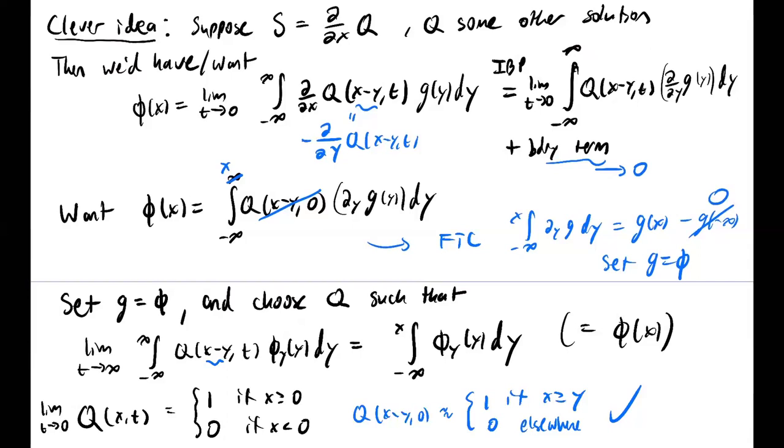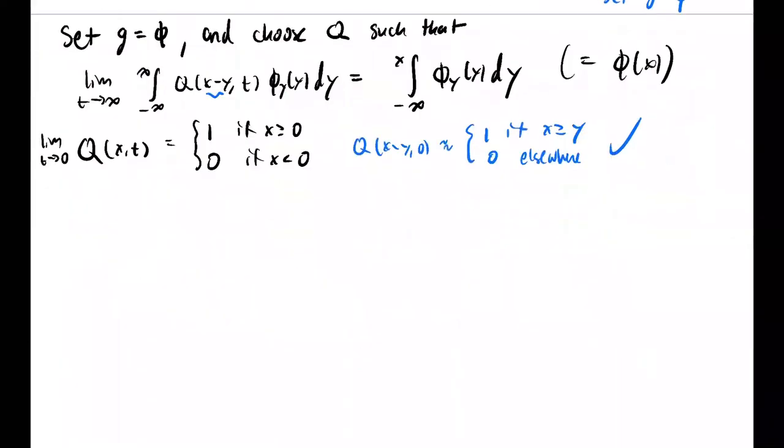Okay, and so now the goal is to find such a q, right? We want to find a function q that satisfies these conditions, and then I'm going to let my source function be the derivative of q, right? And so the goal is, well, I want to find a function q of x, t with two conditions.